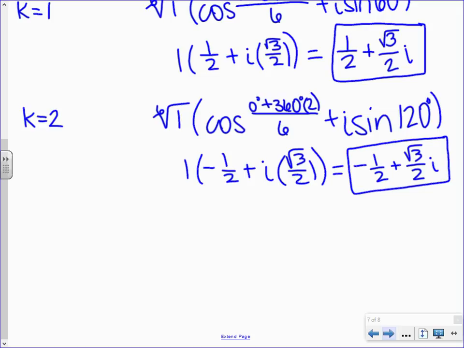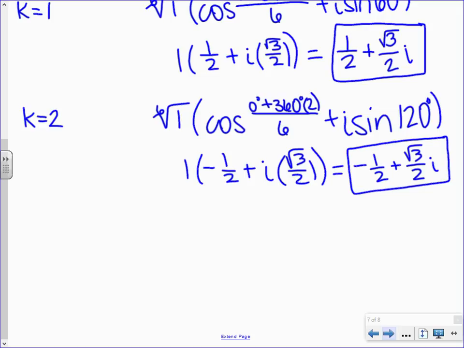As we find the next three roots, what's going to be true about those? They're still going to be 60 degrees apart, okay? All of these roots are evenly spaced throughout the one rotation on the complex plane. So if you figure out how far apart those roots are, you can use that pattern.